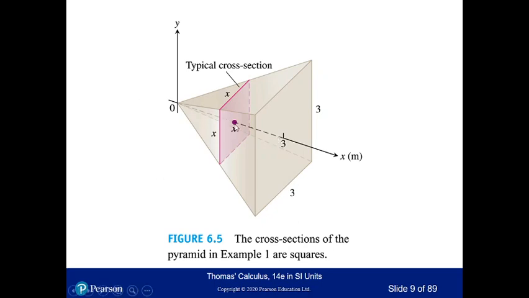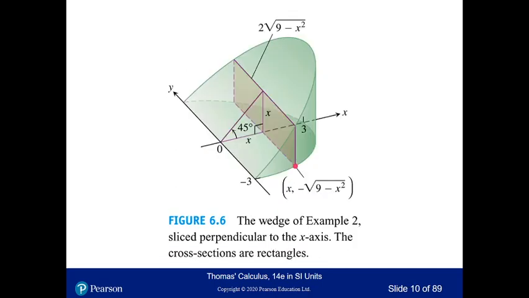At x, the side of the square is x, and the area of this slice is x squared. As x changes, we get bigger and bigger slices. So we integrate x squared dx from 0 to 3, and we get the volume of this solid.